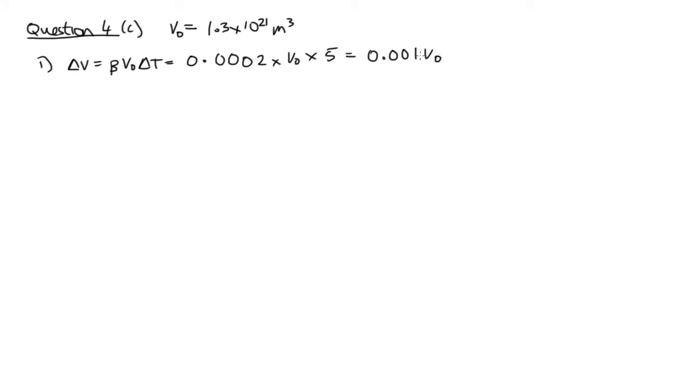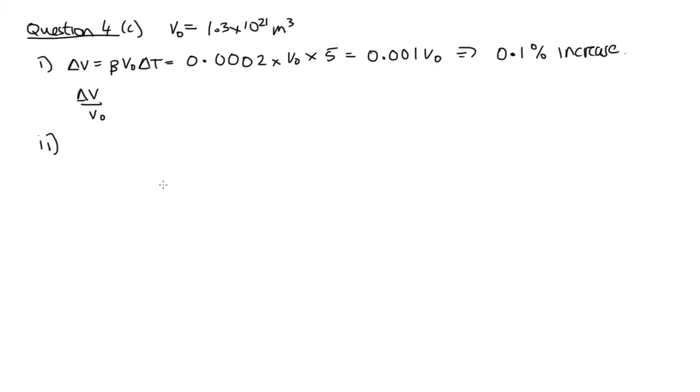And so as a percentage, if we times that 0.001 by 100, we get a 0.1% increase. Okay, and then, because what we're trying to calculate is just how much the volume changes compared to the initial volume, which is why we've left that V0 there and not substituted in for it.